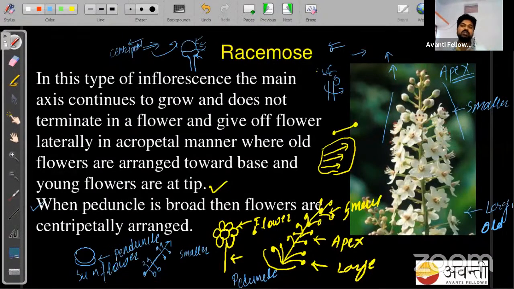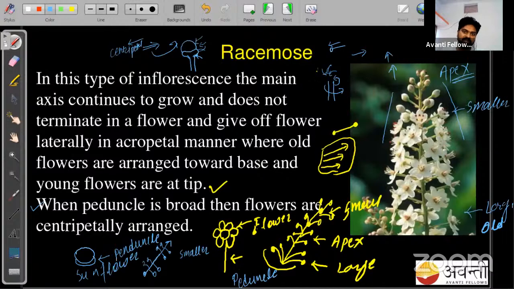What is meant by acropetal? The old flowers are situated on the basal side and the new flowers on the apex side. Remember this, and the other things we will discuss in later slides.